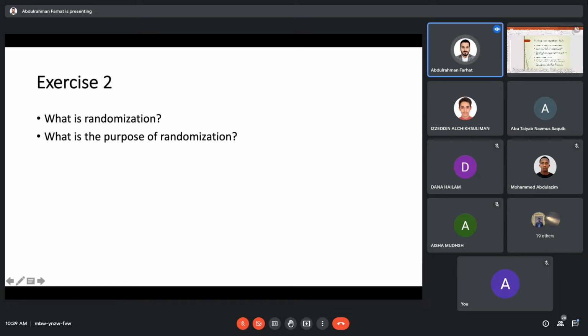When you are randomizing the groups, you want to make sure of something. When you start a study, for example an RCT, you have two groups. In the very beginning, we call that baseline.